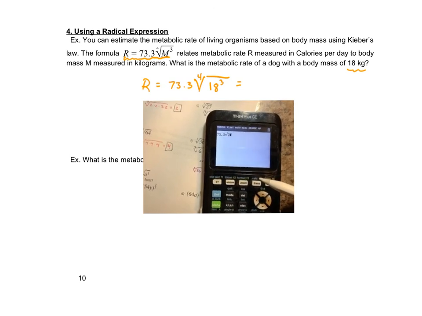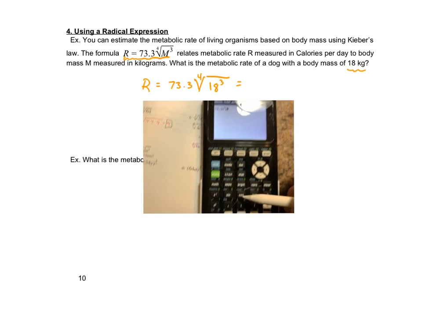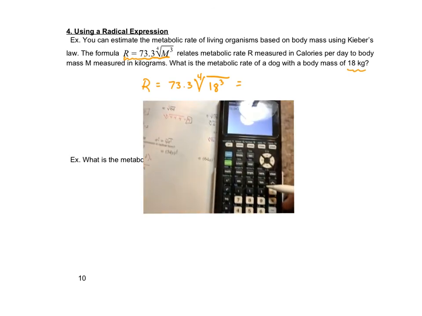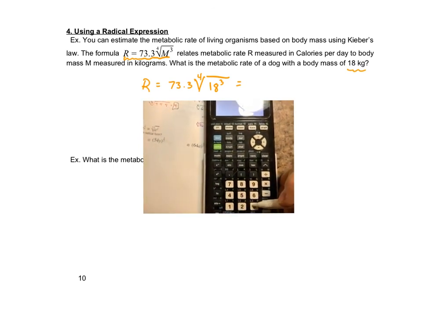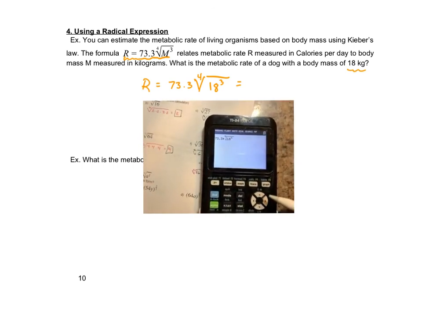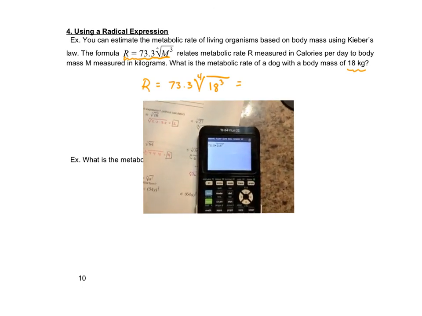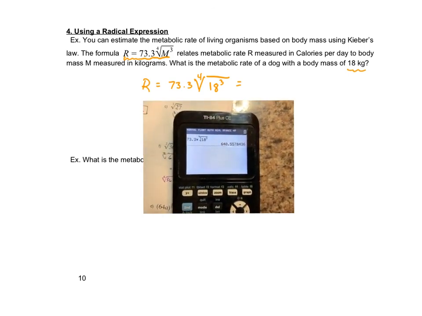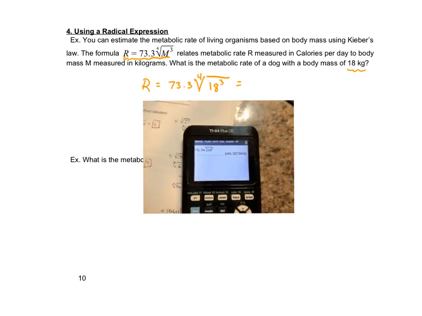I have 73.3 times the fourth root of 18, raised to the third power, and then I just hit enter. And it's going to give me 640.557, or if we round that up, that's going to be 641.